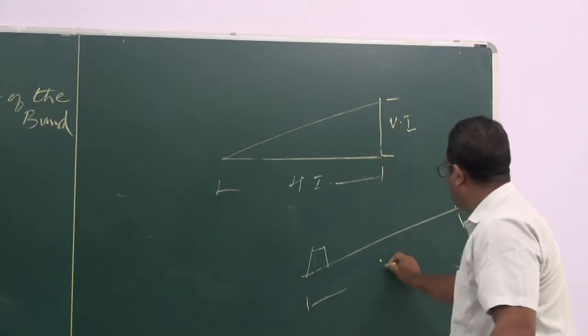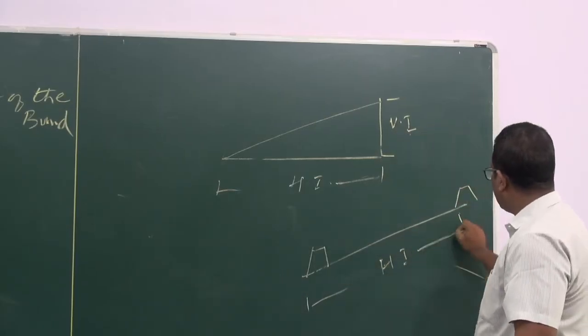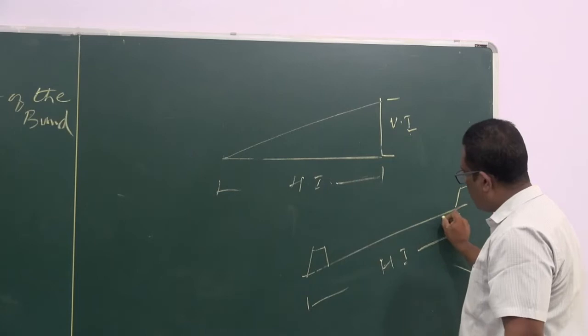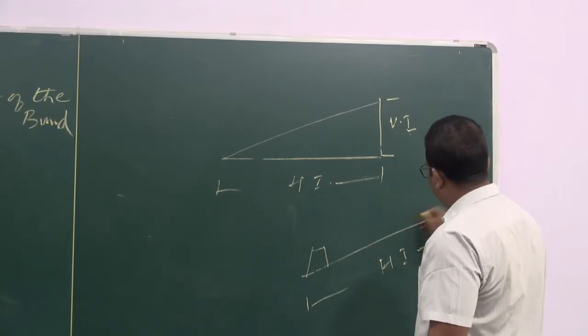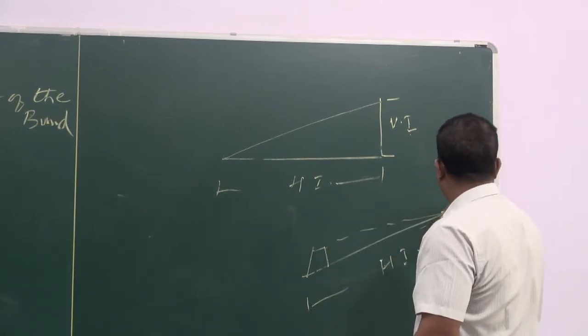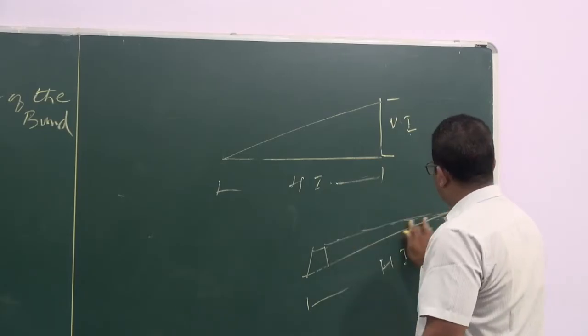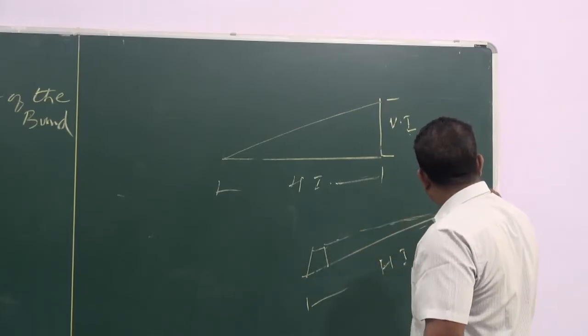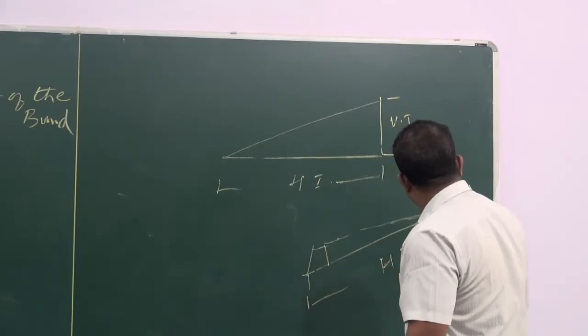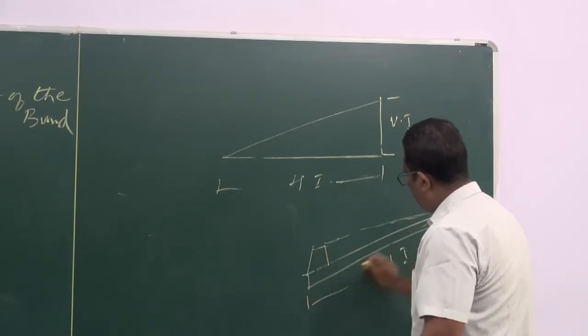This is the horizontal interval between two bunds, and this is your vertical interval.